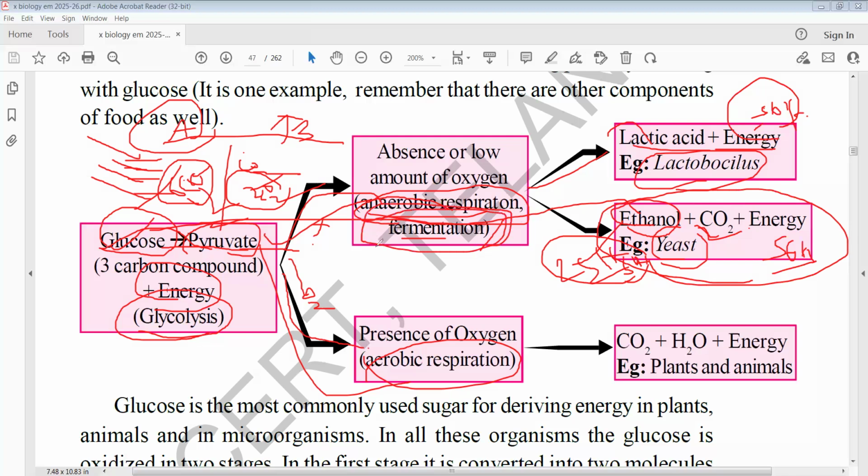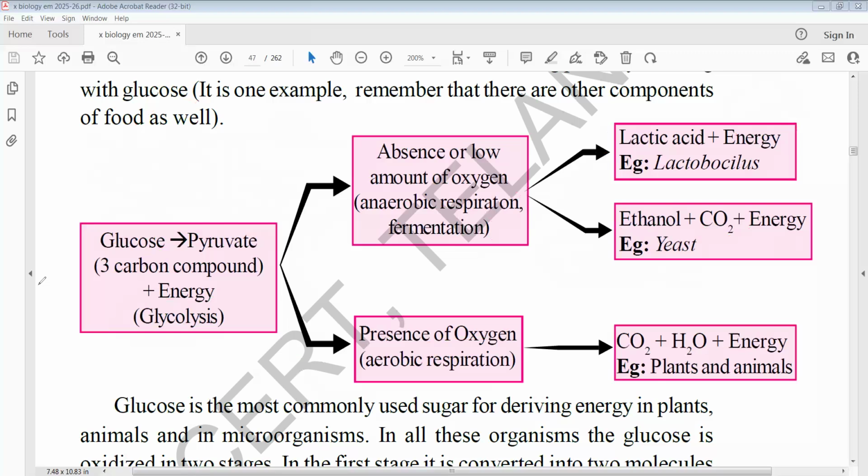It is important at examination level. Fermentation means the process of conversion of glucose into ethanol or ethyl alcohol in the absence of oxygen by the yeast.